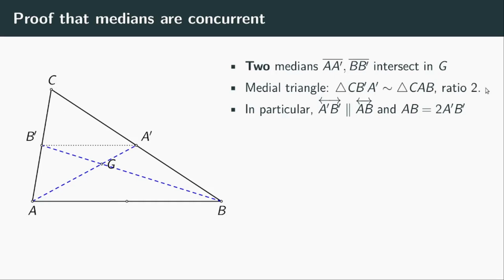The big triangle is twice the lengths of the small triangle. And from this, we get in particular that A'B' is parallel to AB. Right, so my horizontal dotted line here is parallel to this horizontal line at the bottom. And furthermore, the ratio of the sides is that AB is twice the length of A'B'.